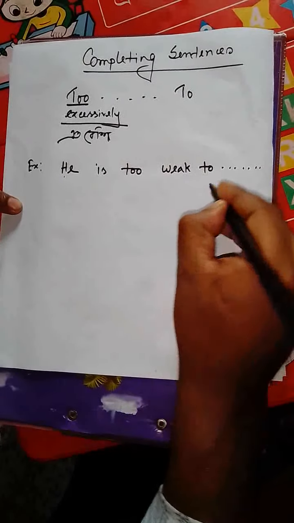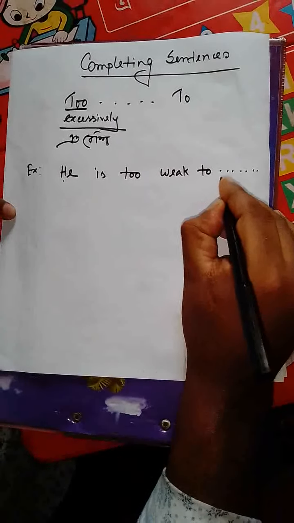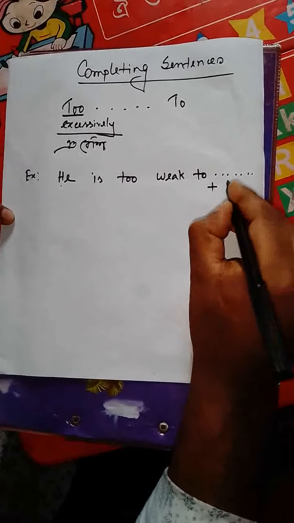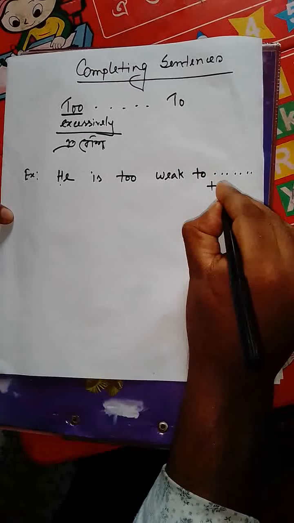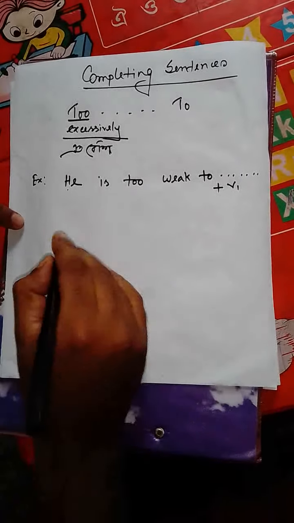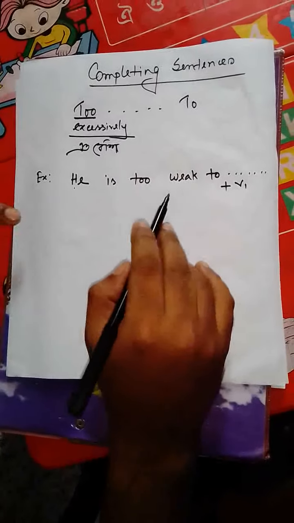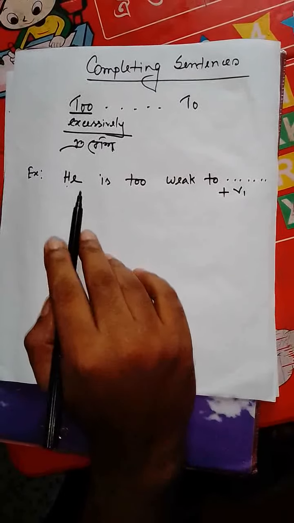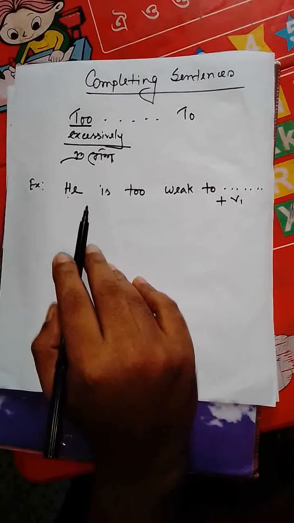So I'm going to write down the structure here. After this infinitive to, you will write down only the base form, I mean the verb in the present form. That will do.